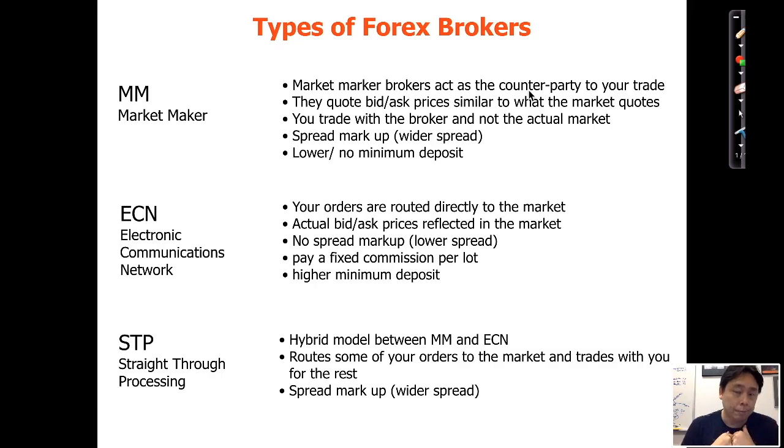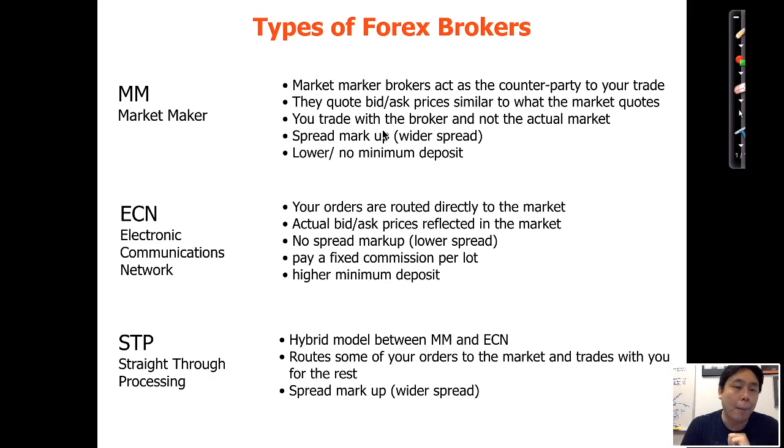The broker is selling it to you. And when you sell, who's buying it from you? The broker's buying it from you. And so who is quoting the bid and ask prices? The person quoting the prices to you is the broker themselves. But they will quote prices similar to what the market quotes, but not exactly. So you're actually trading with the broker and not the actual market.